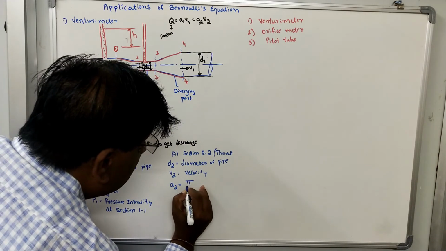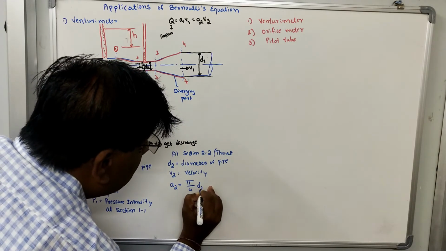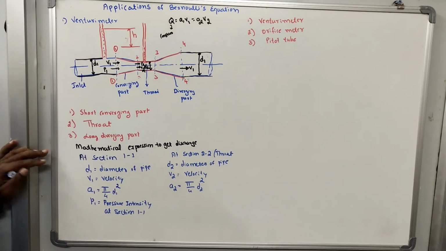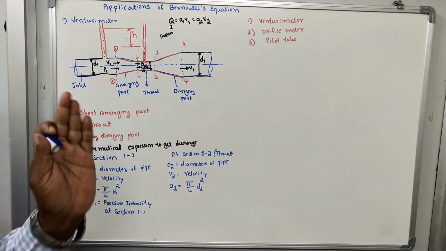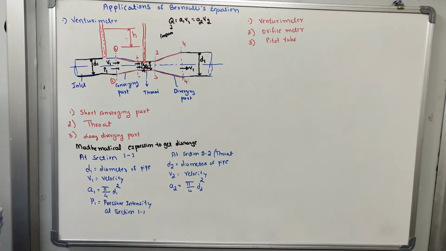This is equal to π/4 D2 square. Now let us consider the ideal fluid.